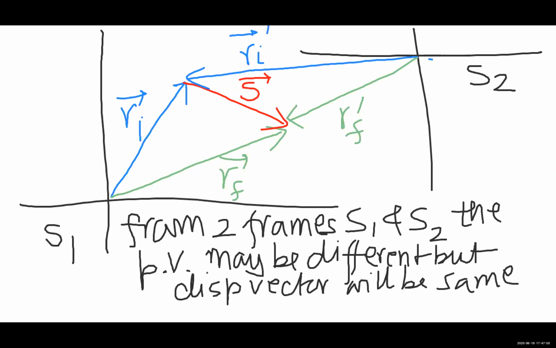In another instance of time, the position vector of the particle may or may not be different. The displacement vector is a vector which develops over an interval of time, right? So if there is displacement, there must be an interval of time, right?